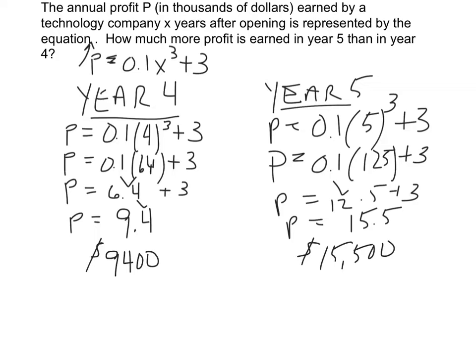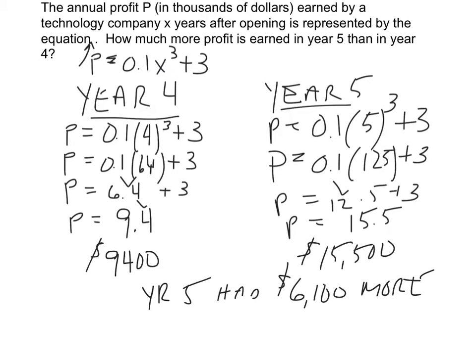And again, the question was looking for how much more profit. Basically, it means subtract the two numbers. So 15,500 minus 9,400. Year 5 had $6,100 more in profit.